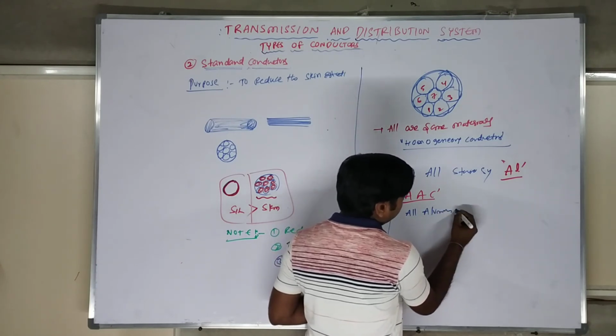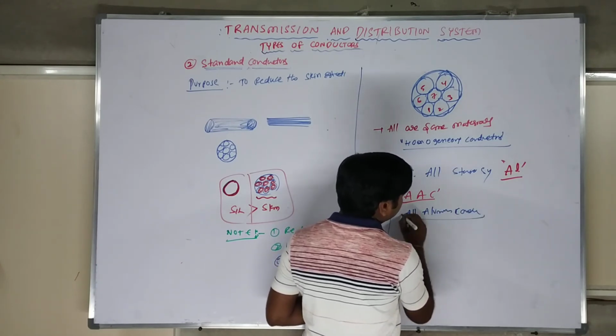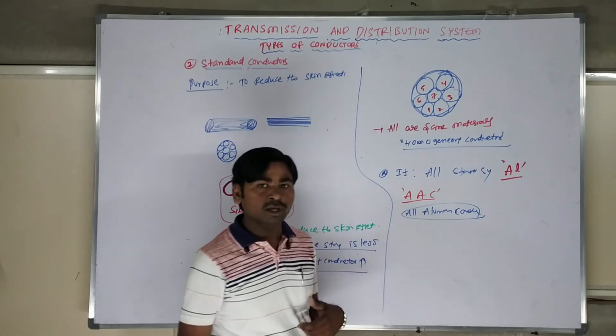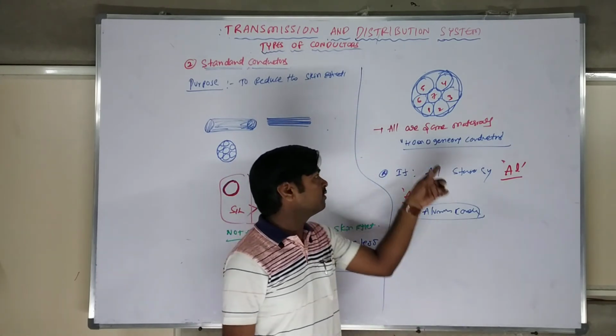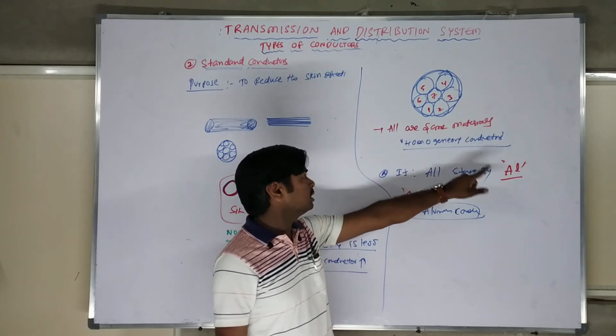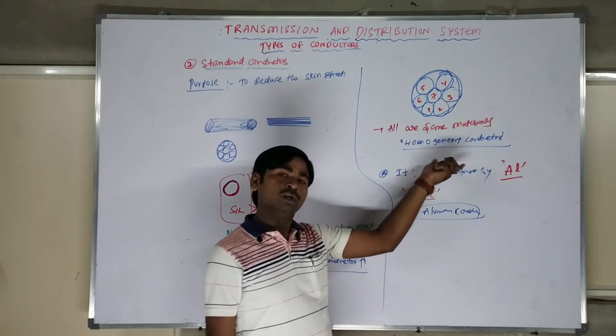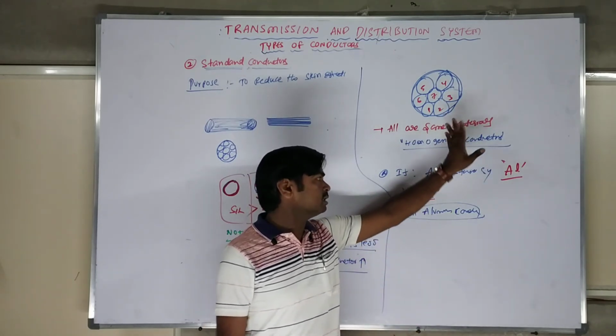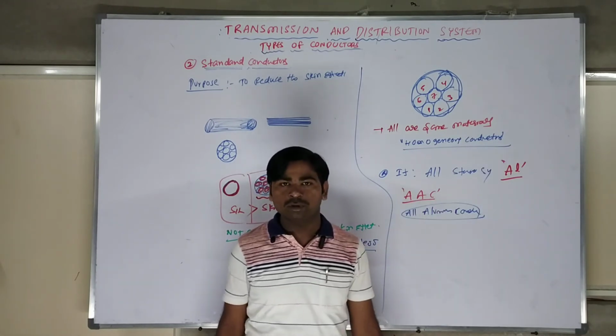What do you understand by AAC? All aluminium conductors, because the 7 strands are of the same material. Such a conductor is basically homogeneous.